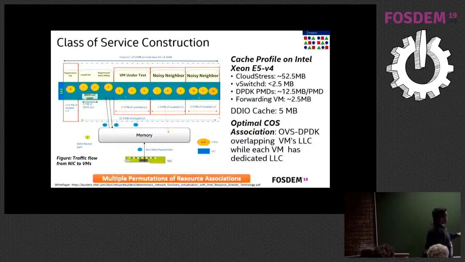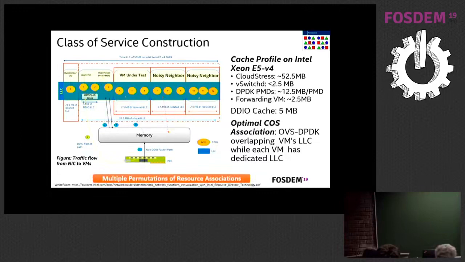It's a busy slide and one of the important slides. Let's start from here. First thing is constructing your cache profile. Under idle conditions, meaning there's no noisy neighbor, there's no other application, we first get the characteristics of the cache footprint of your application, like the VM under test. In this case, test PMD. We see that when we're getting the maximum performance for that VM, the vSwitch daemon is using less than 2.5 MB.